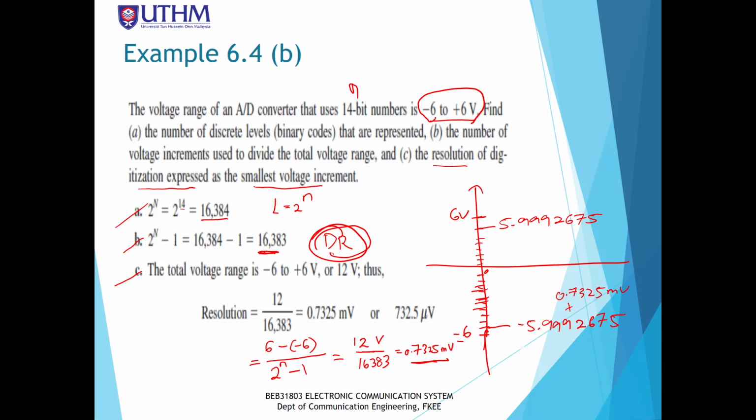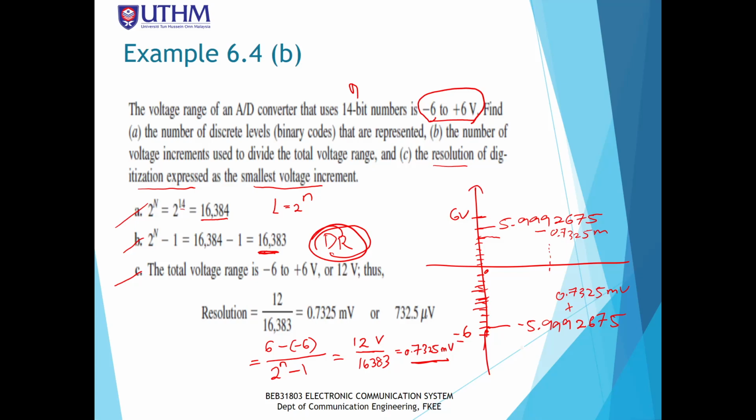From there you can go one by one, either from the minimum or from the maximum to the minimum. Either way is okay. If I want to find the next level, I need to minus this value with the resolution, 0.7325 milli, and so on.